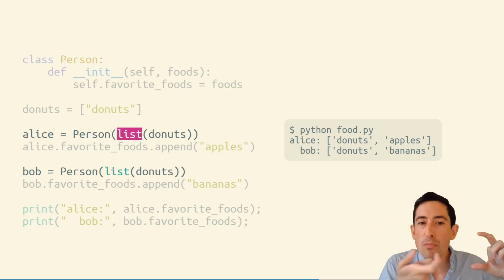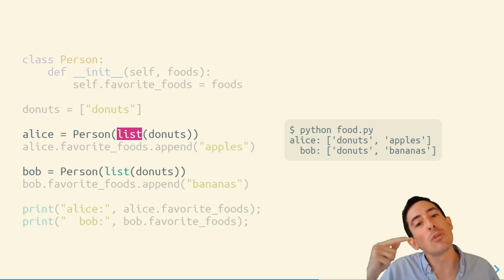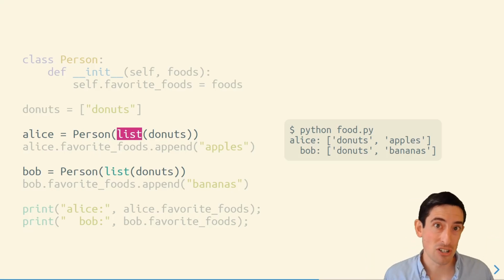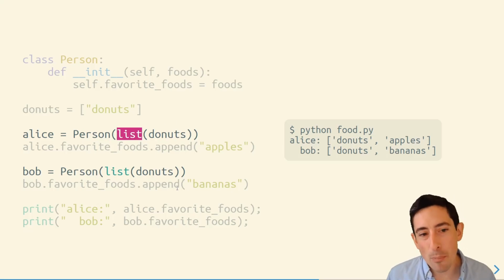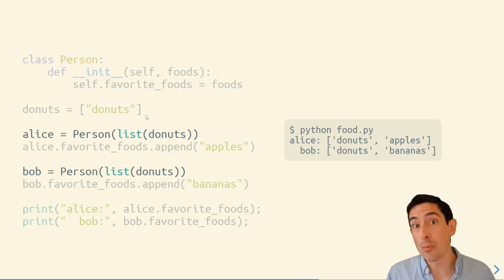So if there are mutable objects on the inside, we could still get a version of this bug, even though we tried to fix it, if the shared objects on the inside get changed. So this is what we call a shallow copy. It's only copying one layer. In a more complicated case, we would need a deep copy of everything all the way down.